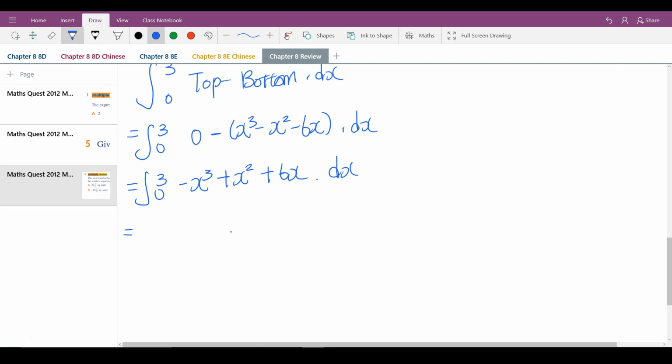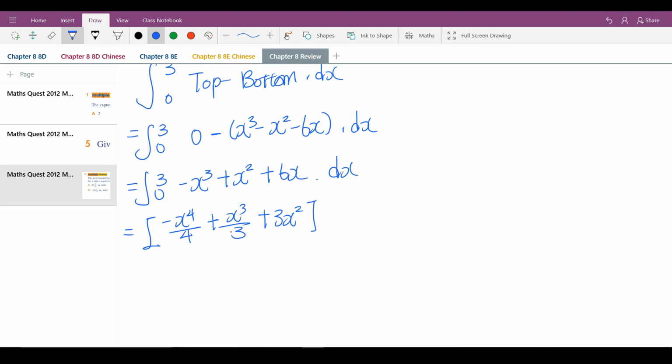We already know from previously what it becomes. But just remember, some of the negative and positive might change, so you can't copy the plus and minus from before, but you can copy what the integral is. The integral doesn't change. So this one, positive x cubed over 3, positive 3x squared. From 0 to 3.